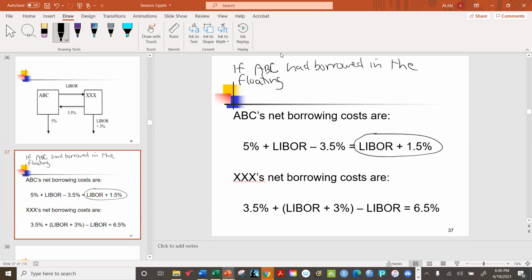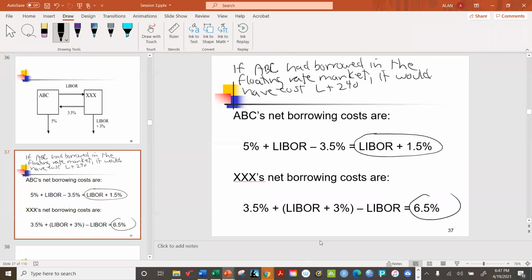If you remember from the beginning of this example, they would have been charged LIBOR plus 2%. So they saved 0.5%. Now, XXX, because they borrowed in the floating rate market, in the terms of their swap, they're paying 3.5% in exchange for LIBOR, 6.5%.